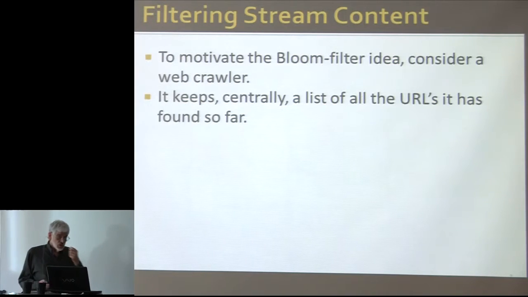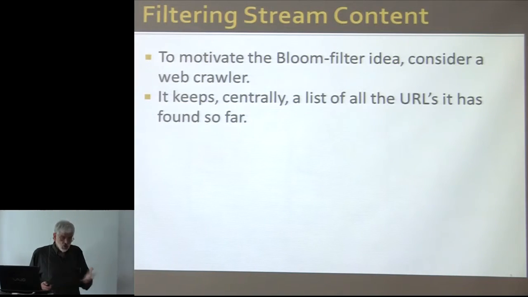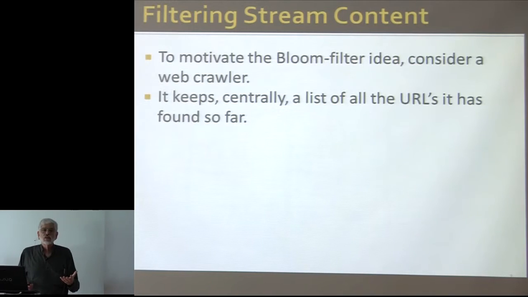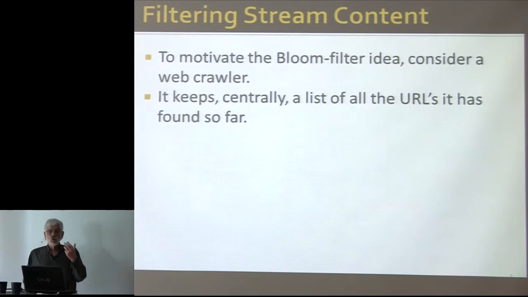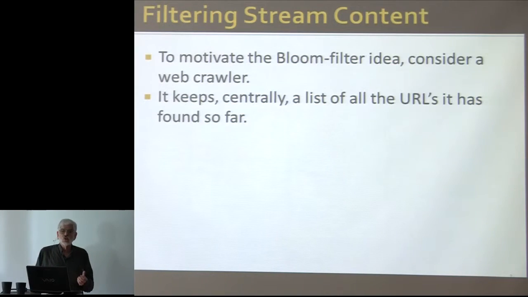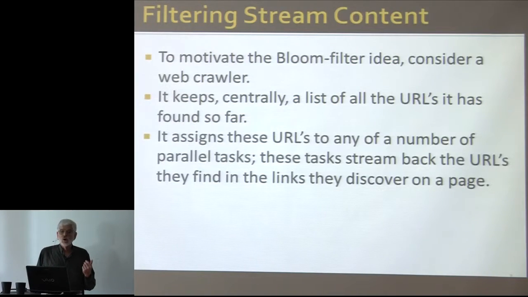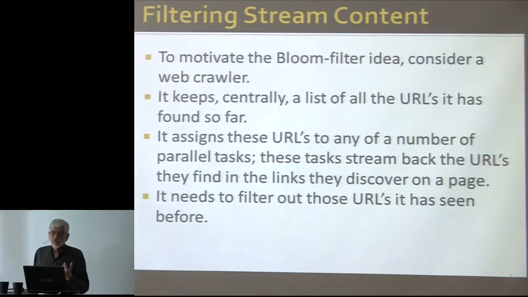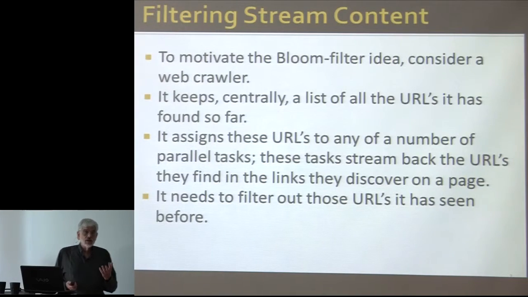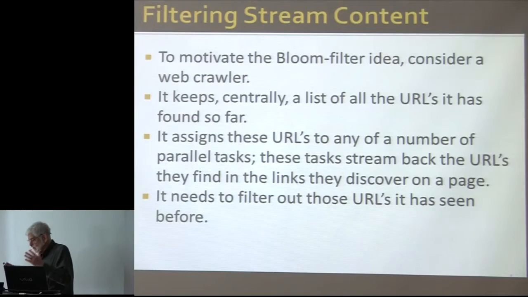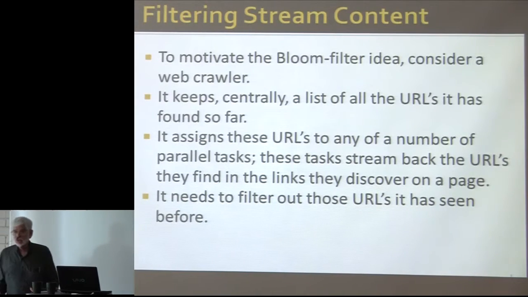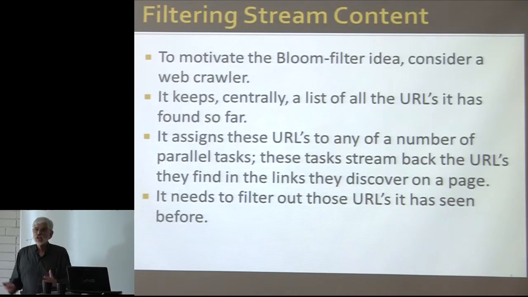Okay. But you don't want to crawl the same page over and over again. So you'd like to know, when one of the crawling processes finds a URL, have I seen it before? Well, if I had a list of all the pages that I've ever seen, then I could just look it up in some kind of an index.